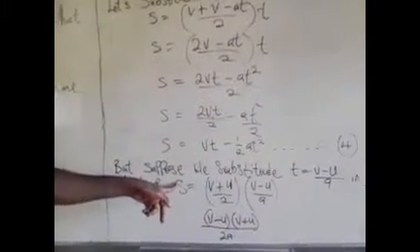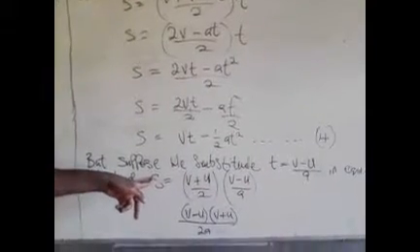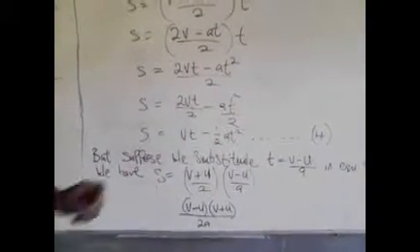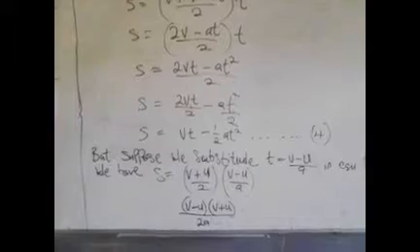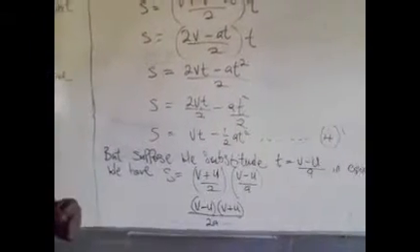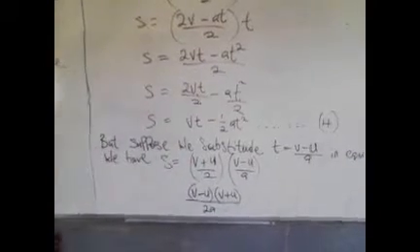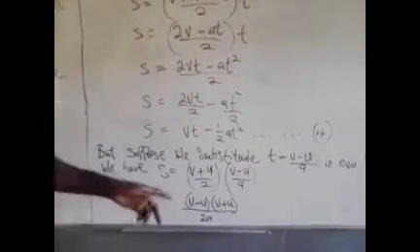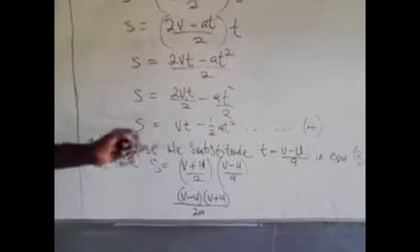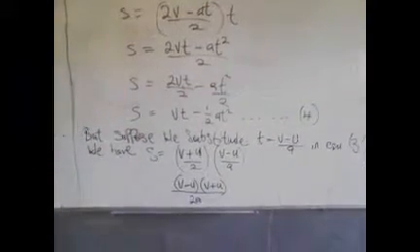The time has been replaced with V minus U all over A. Therefore, S will now be equal to the product of V plus U and V minus U all over 2A, because when 2 multiplies A, you get 2A.